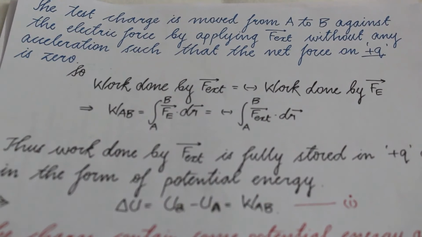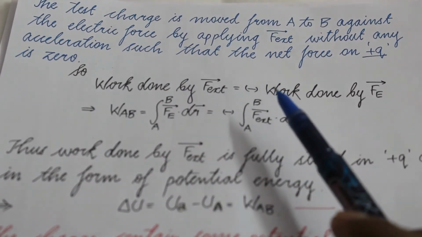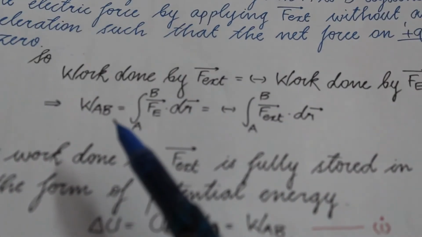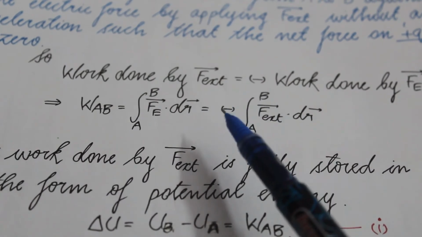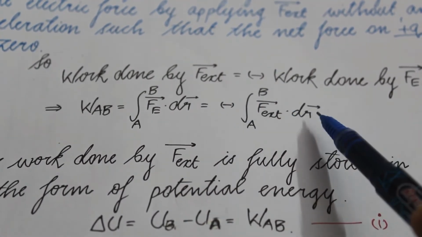So now, as we have discussed, the external force and the electric force are equal and opposite. So the work done by the external force will be equal to the negative of the work done by the electric force. So we can find the work done by the electric force as minus integration of F external dot dr, where dr is the distance covered.